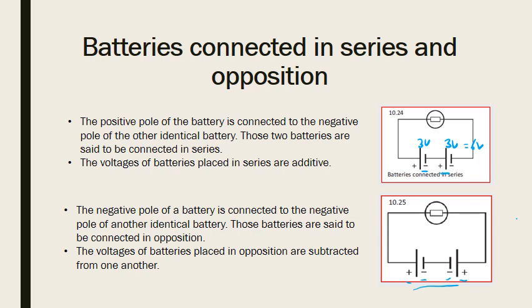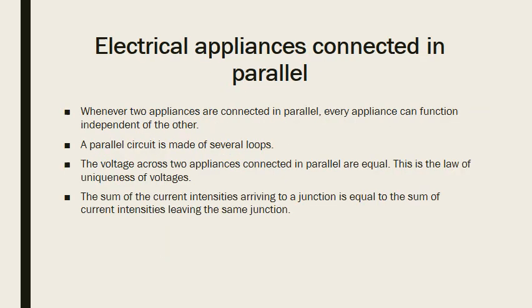The voltages of batteries placed in opposition are subtracted from one another. So for example, if I have 3 volts here and 3 volts here, altogether we'll have 0 volts.